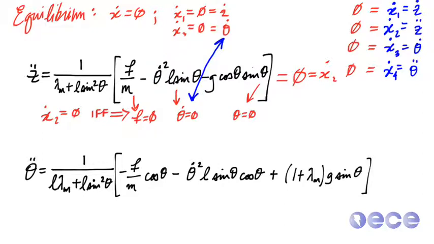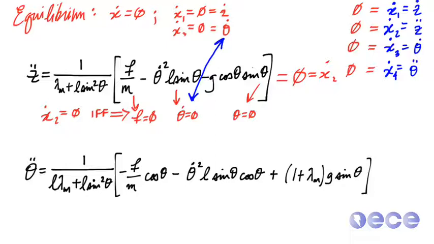But that's not true here, because cosine of theta is equal to 1, and g is not equal to 0. Therefore, if we have any other value for theta besides 0, we're going to be unstable. We're going to have a non-zero value for x2 dot.